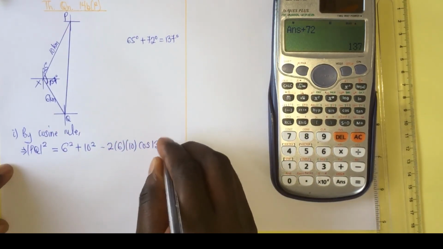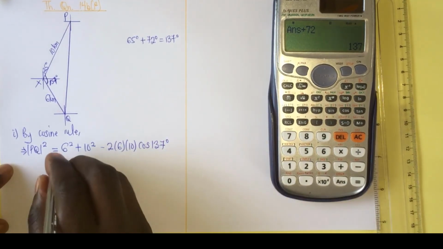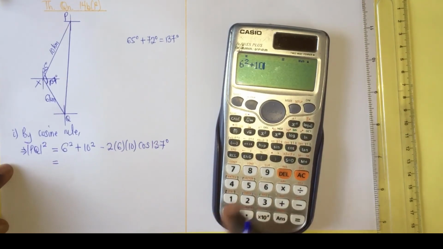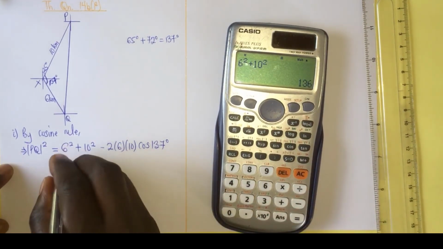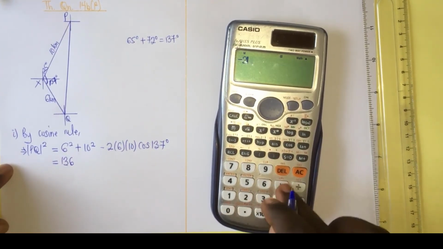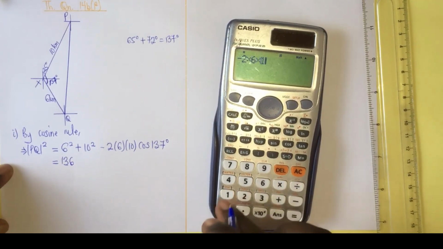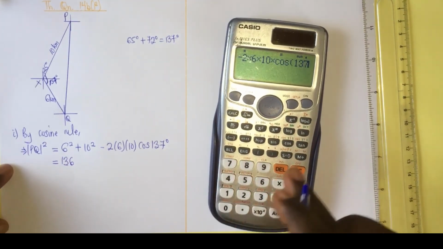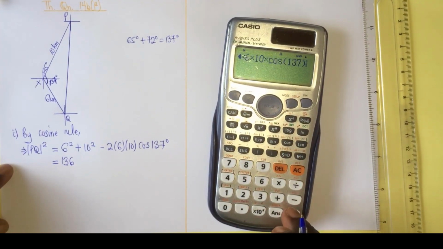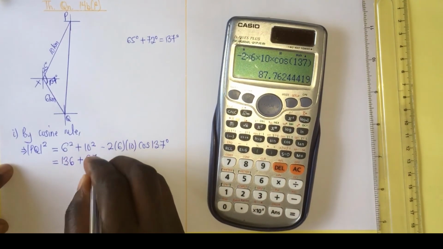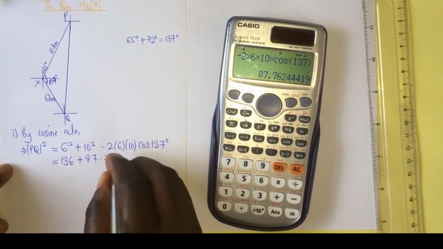So 6 square plus 10 square is giving us 136. Then negative 2 times 6 times 10 times the cos of 137, we have positive 87.76.